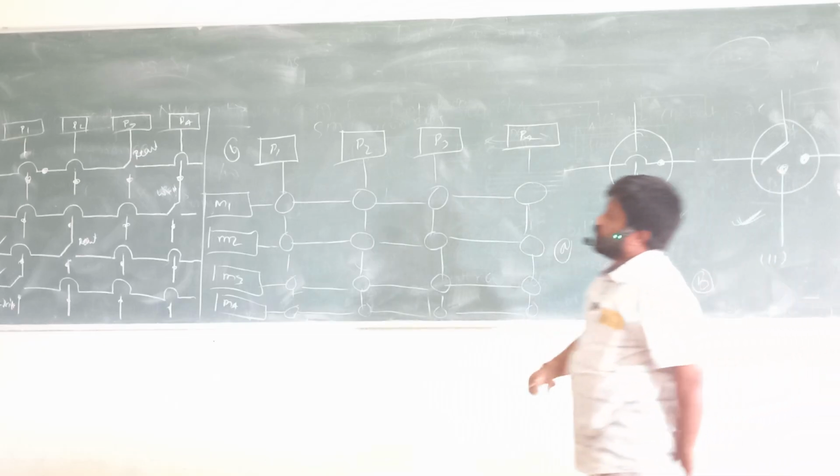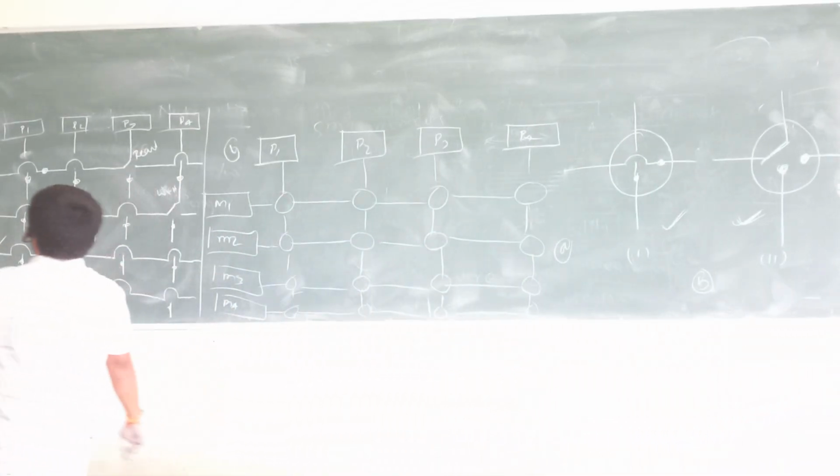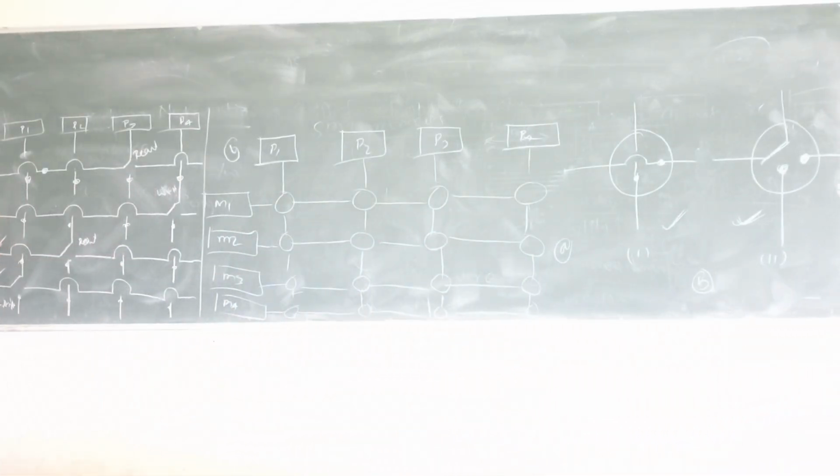For example, for read and write operations between processor and memory, processor P1 can write to memory location M4. If you want to read from memory location M3, you can do it with the help of P2.